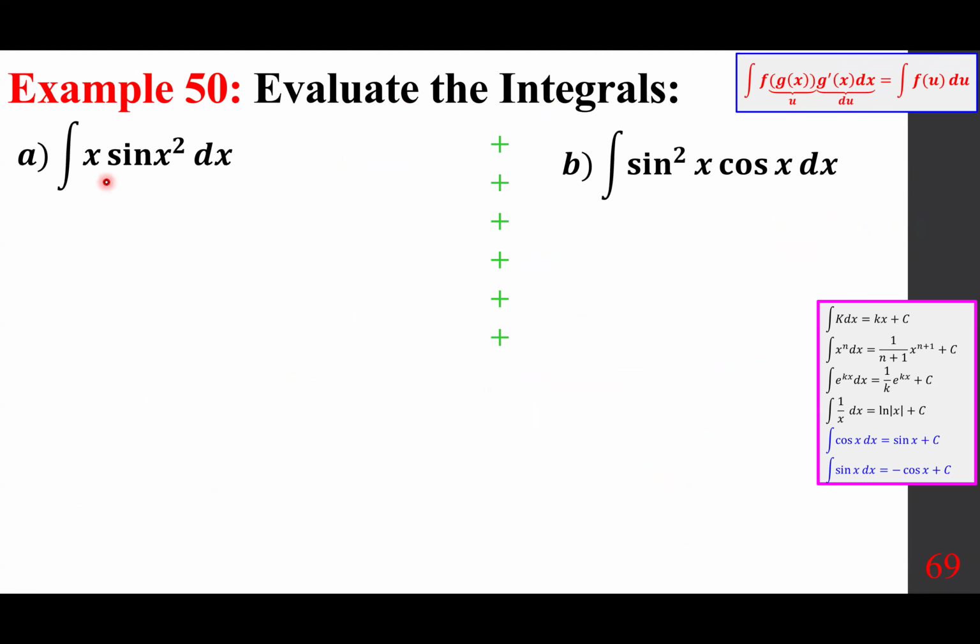All right, so what happens when we are dealing with sinusoidal functions? Well, if the argument has an exponent, if the argument is not just a simple x, t, or theta, that is the choice of u.